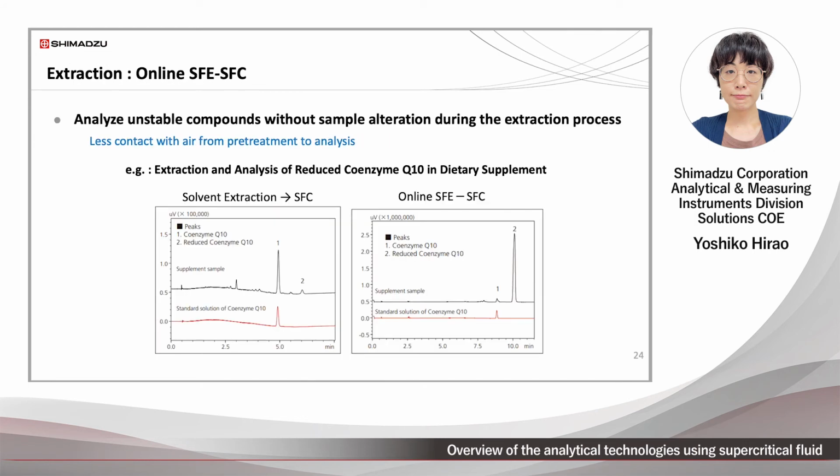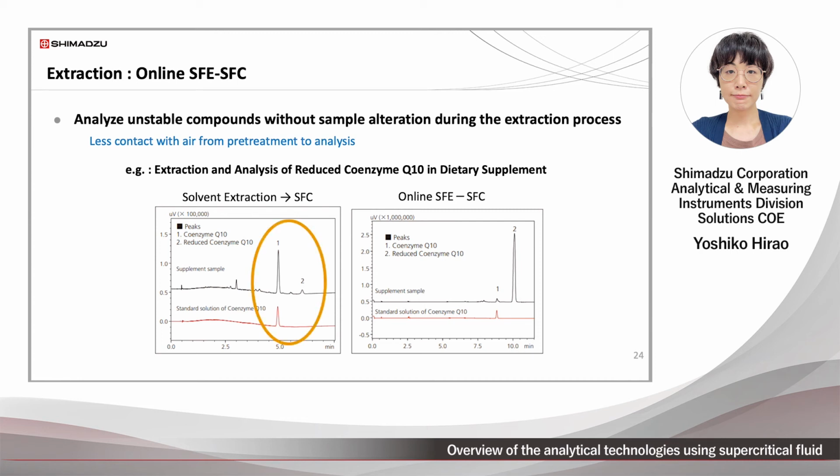Here are examples of the analysis of reduced coenzyme Q10 in dietary supplements. Left is the result of SFC after solvent extraction and right is online SFE-SFC analysis. As you know, the reduced form can be easily oxidized. In the results of solvent extraction, the reduced form changed to the oxidized form.